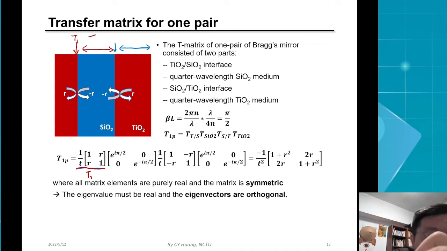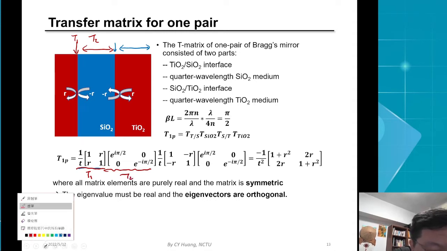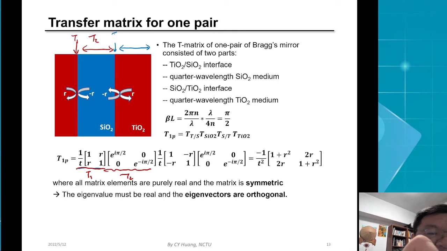And this is T2, so here it is T2. Then the second interface is T3, so this part is T3. And finally, the second medium is T4, and this is T4.